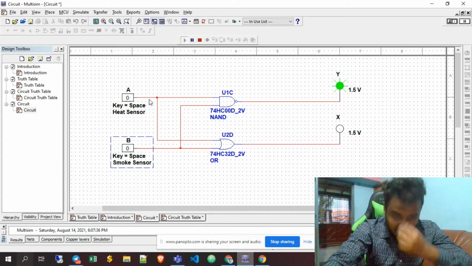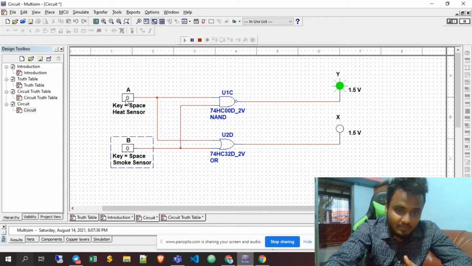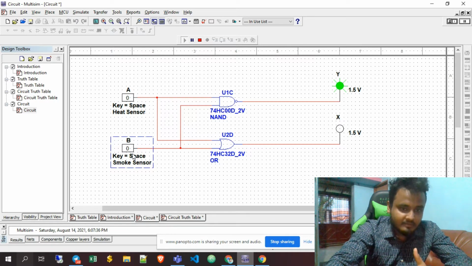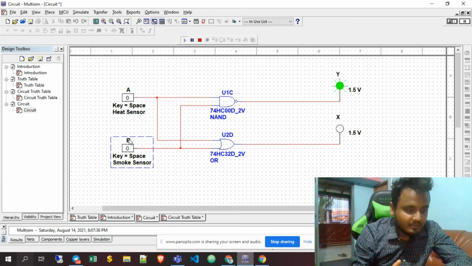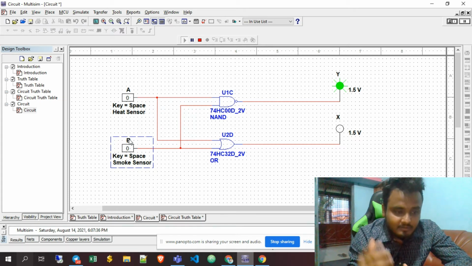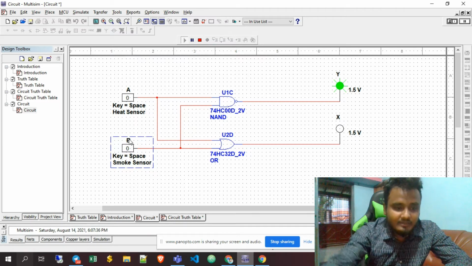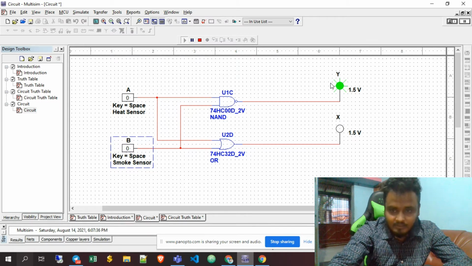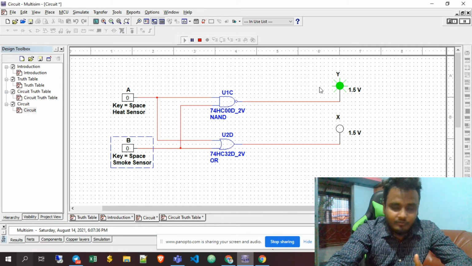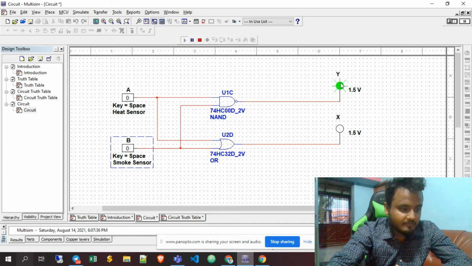As per our circuit design, we have taken both A and B as 0 0. What is going to happen in this case? Here the heat sensor and smoke sensor are 0, which means the heat sensor hasn't been activated yet. So the green light will pop up. Here is the green light. What does that mean? This means we are safe. We don't have any problem in this situation.